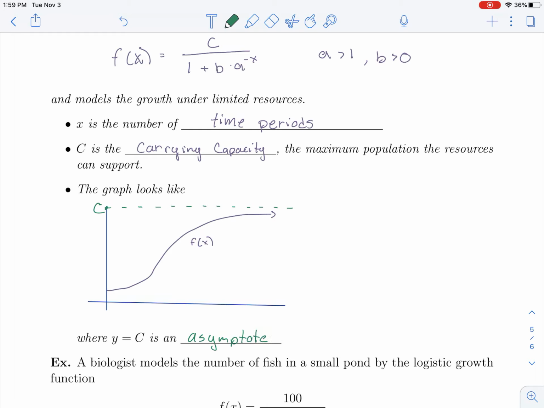If you ever heard a function be asymptotic, it's one of my favorite words. Asymptotes are just lines that a graph can usually never cross. This one is a horizontal asymptote because it is a horizontal line. As this function goes off towards infinity in time, I'm going to get really, really close to that c, but I'm never really going to touch it.